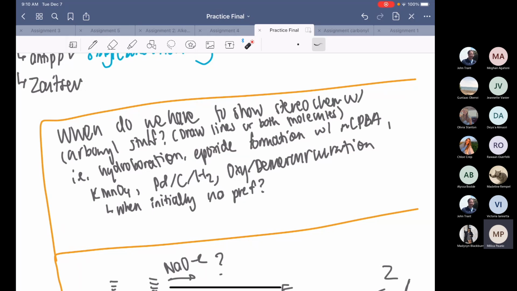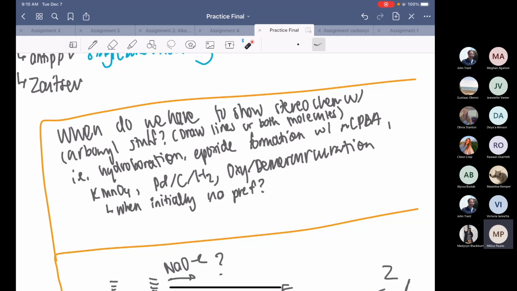So what I was confused about was, I don't want to go into the exam losing marks over knowing when to draw stereochemistry versus not. Things like hydroboration, epoxide formation, adding the hydrogens. I know that basically you add the hydrogens, for instance, on the same side, but do we have to show that with dashed and wedged lines?